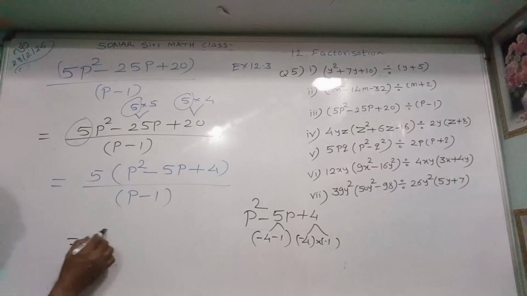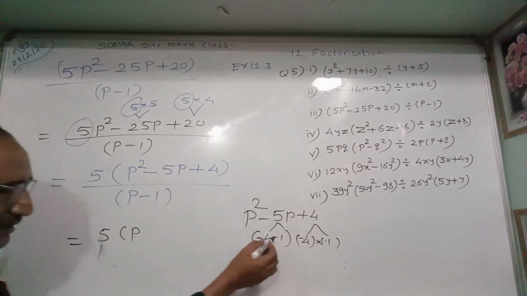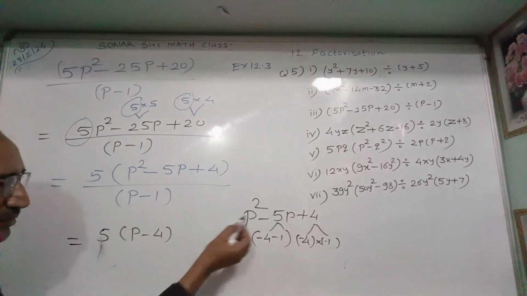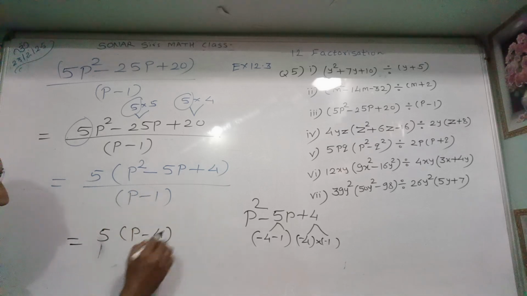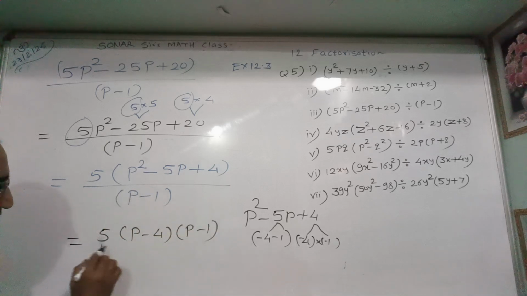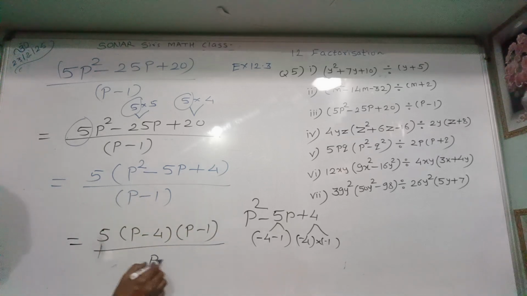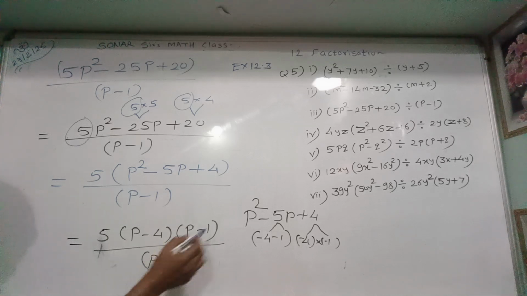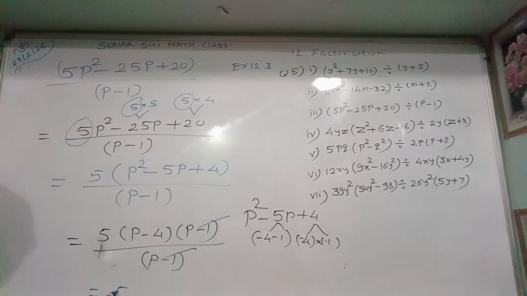So factors as per our discussion we can write directly because the p square coefficient is 1: p minus 4, p minus 1. In the denominator p minus 1, both will get cancelled and the answer is 5 in bracket p minus 4.